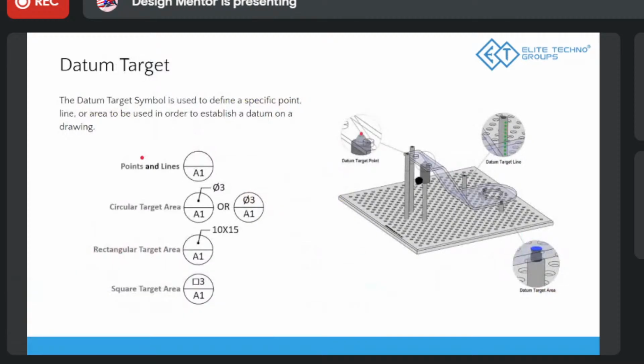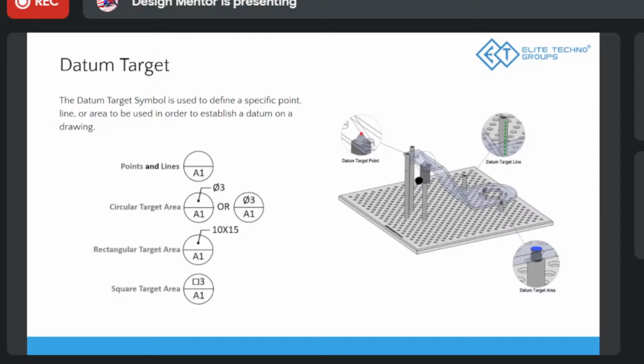Then there are datum targets. This is a little complex thing. But what happens if this surface is not there, or this surface is also curved, right? Lots of things won't have a flat surface. So if we have a surface like this, how will I get it supported by a plane? You can't do it, right?